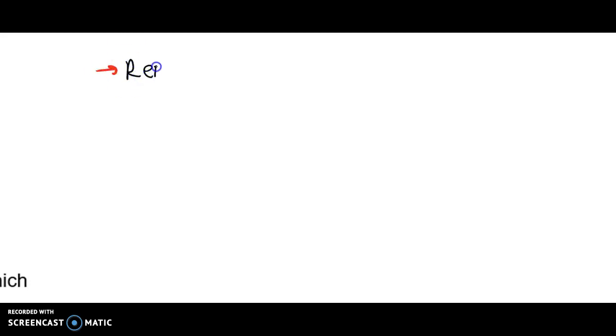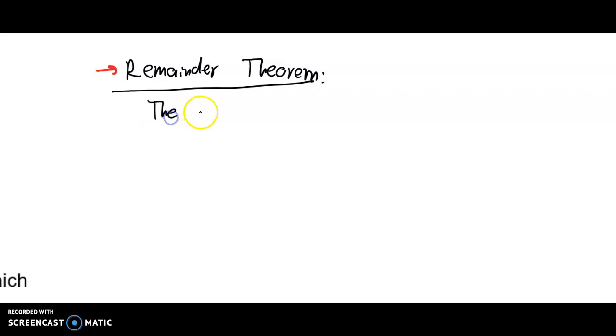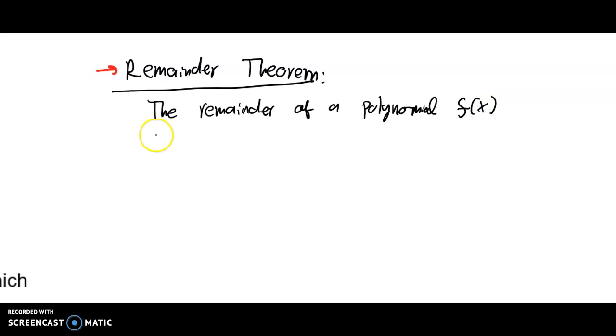So, our word is remainder theorem. And the remainder theorem states that the remainder of a polynomial f of x divided by some factor, and we're just going to call this x minus number, where this means number, not hashtag.